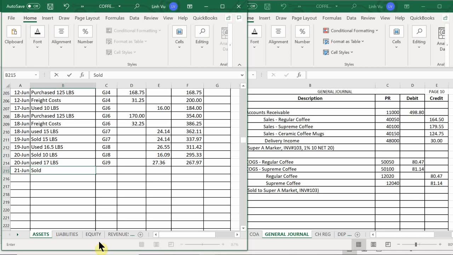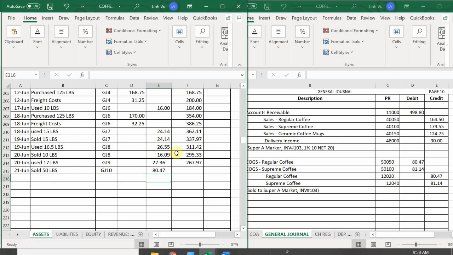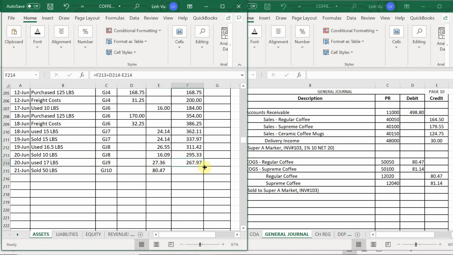How many pounds did I sell? 50 pounds. And it was for $80.47 that we need to subtract. So what's my total ending balance here? I got 187.50, which we know matches our inventory worksheet because we calculated this in there.